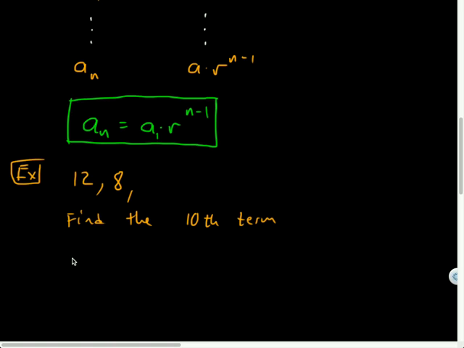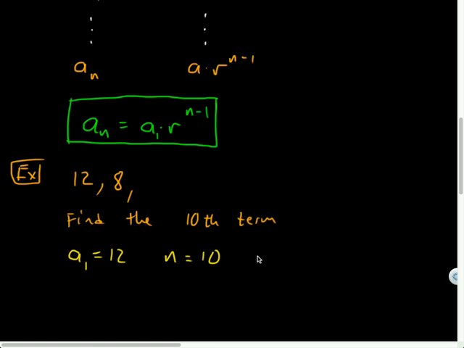What do you know? Just to point out, if this was a short answer question on a quiz or a test, tell me what we know. Label everything, even if you know what you're doing. N equals 10. R equals 2/3.